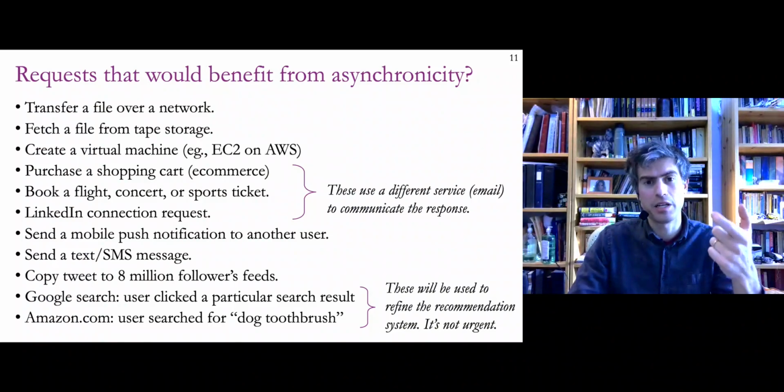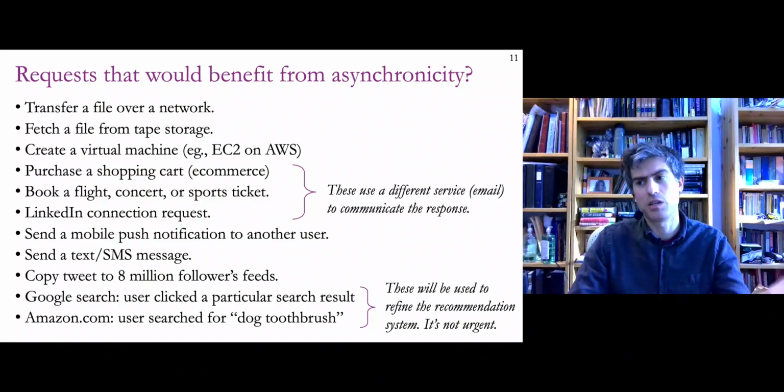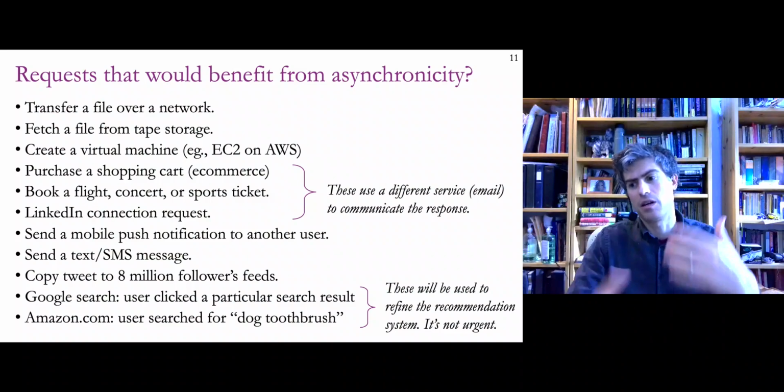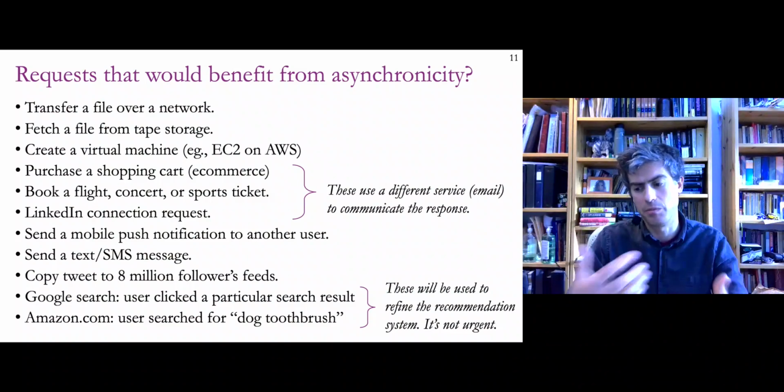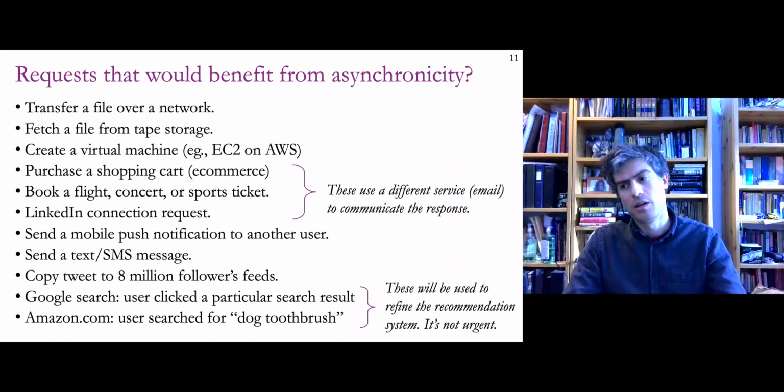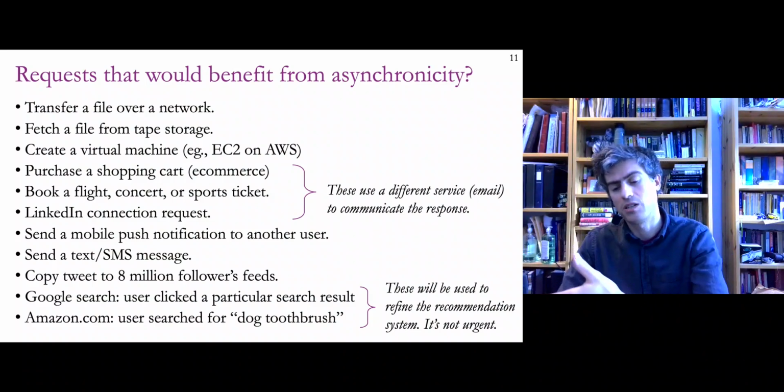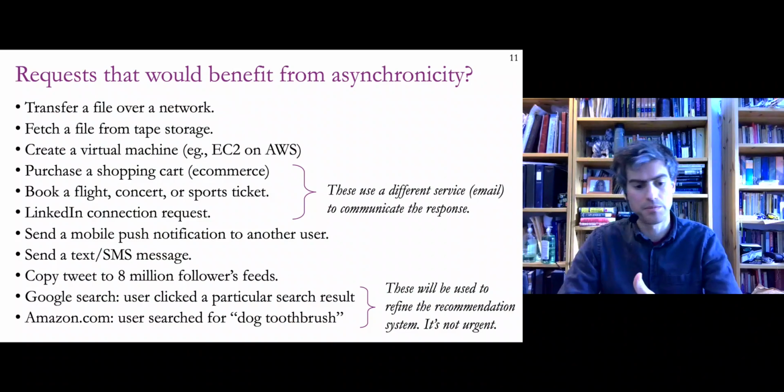That information is not needed immediately, but they'll use it later on in their machine learning algorithm to build their models. So that click information can be sent asynchronously back to Google for them to process later.